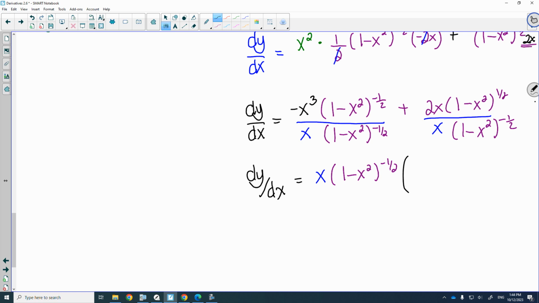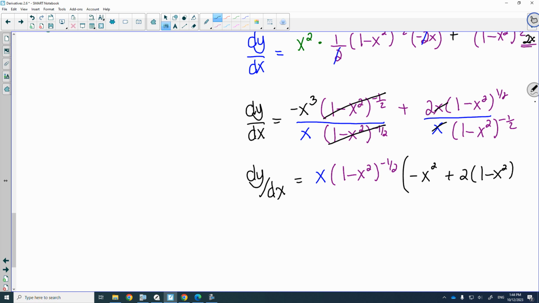What I am left with is negative x squared. This would cancel. Plus 2. The x's would cancel. What's 1 half minus negative 1 half? That's 1. Yeah, because it's a half plus a half, which is going to be 1. So that would be 1 minus x squared.